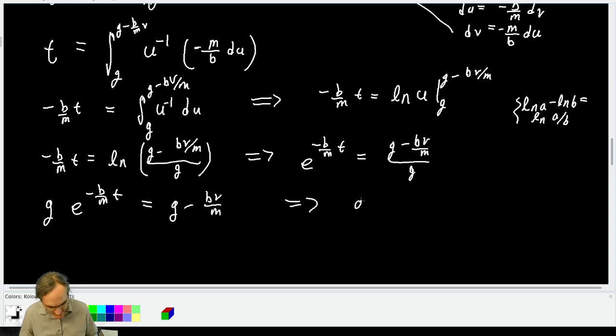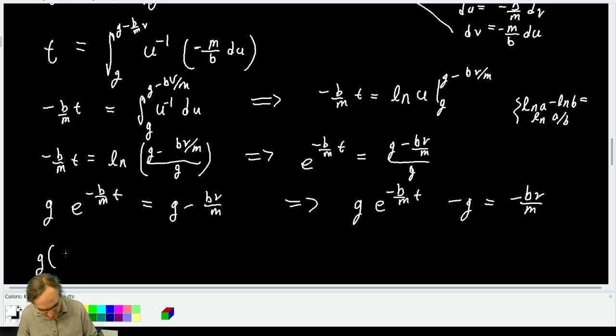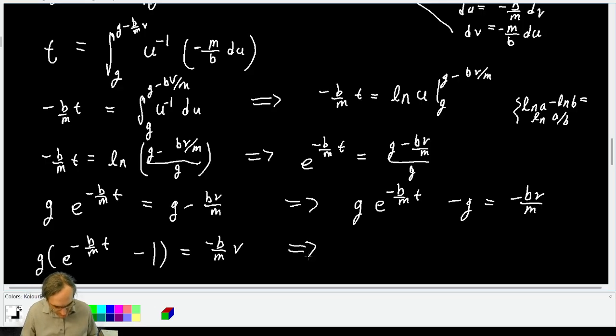Next step, subtract g. Then we'll factor the g out. And we're there. All we need to do is multiply by minus m over b.